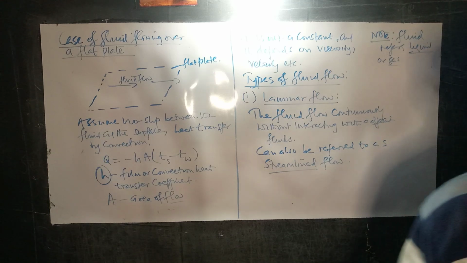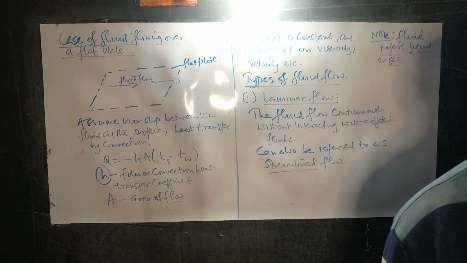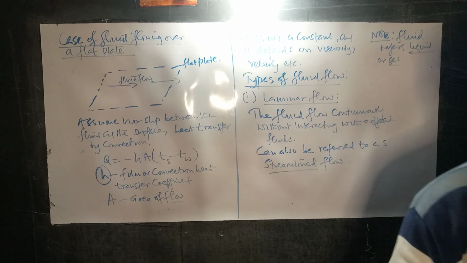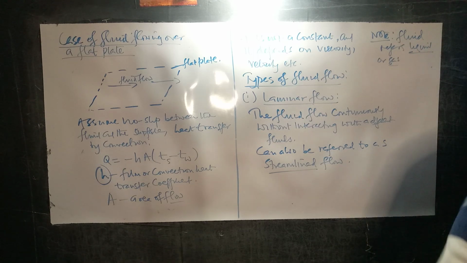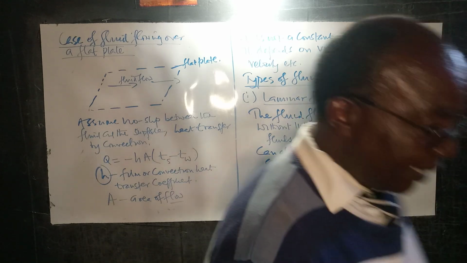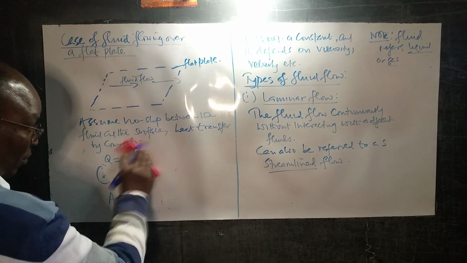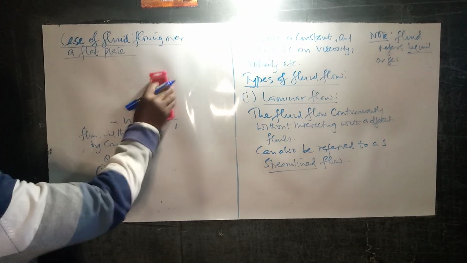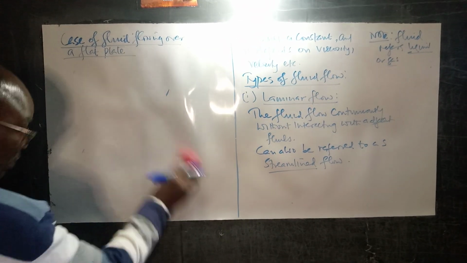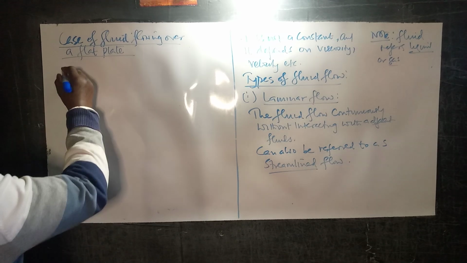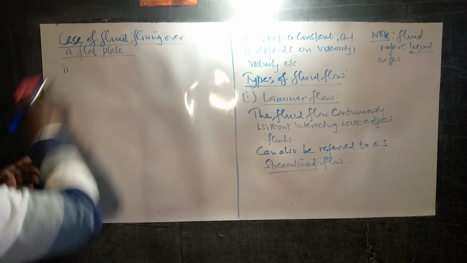These are non-linear type of flows. If you remember, they are what I also call the Brownian motions. They are non-linear flows. So there could be eddy currents, and that can lead to what is called a turbulent flow. So that's the second type of flow.